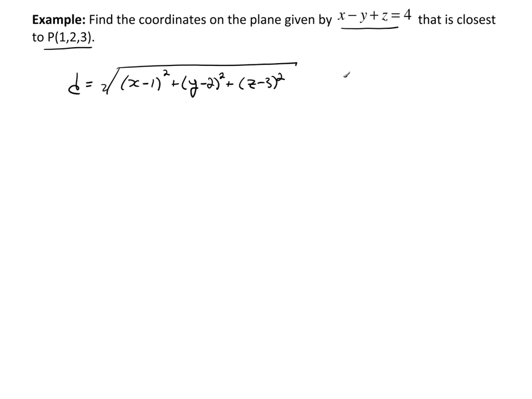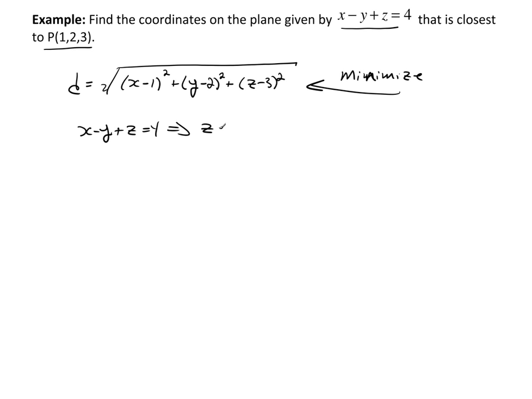So what this means is I need to minimize this. Well, I know that x minus y plus z equals 4.